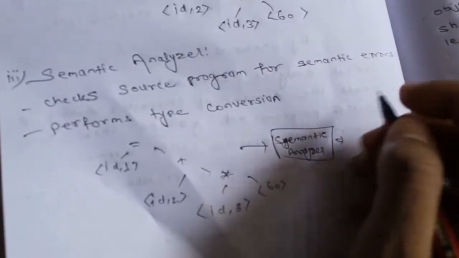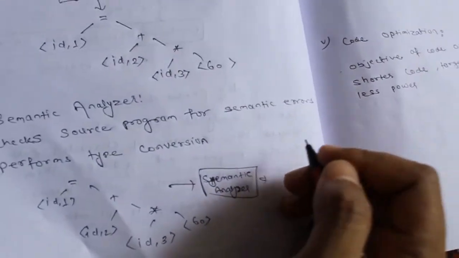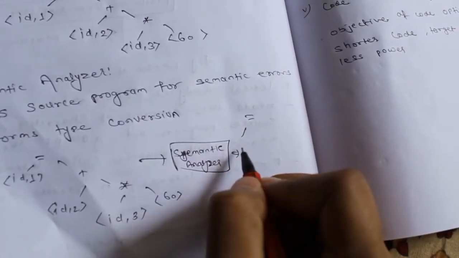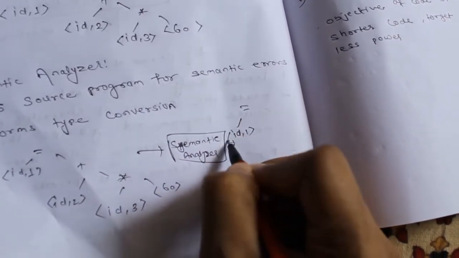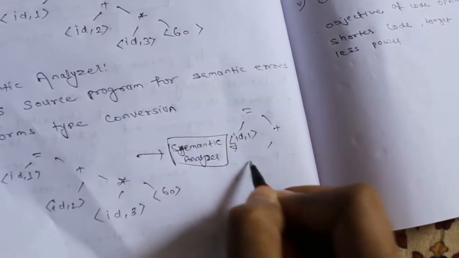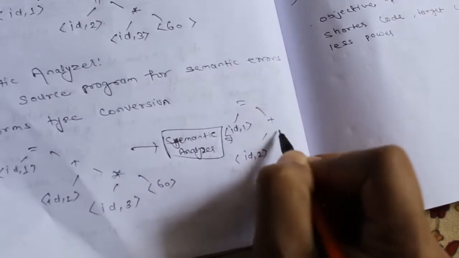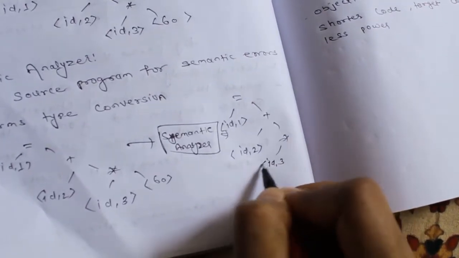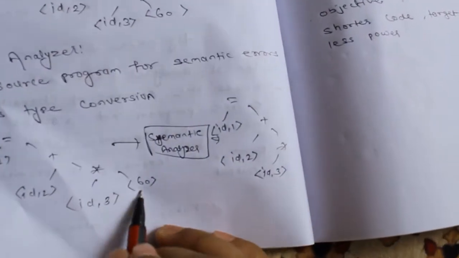So it will also produce the syntax tree only, but the difference is the type conversion. So here equals to sign, id1 plus, this is same id2, because there is no type conversion here. The main conversion is in the numerical value. So now here we have the 60.